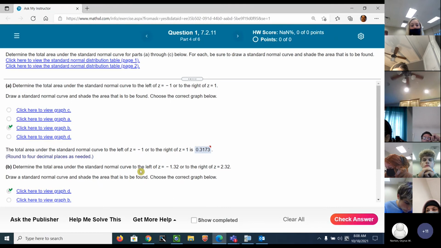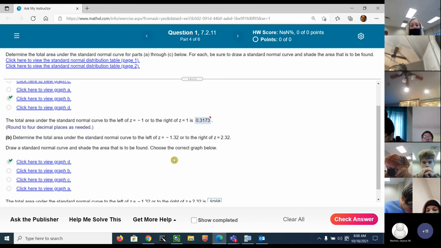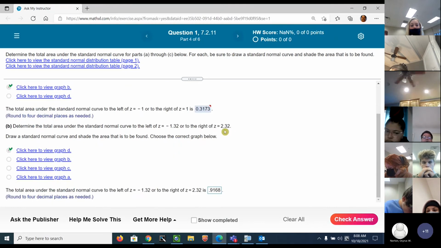Determine the area under the curve. All right, now we're going to the left of negative 1.32 and to the right of 2.32.